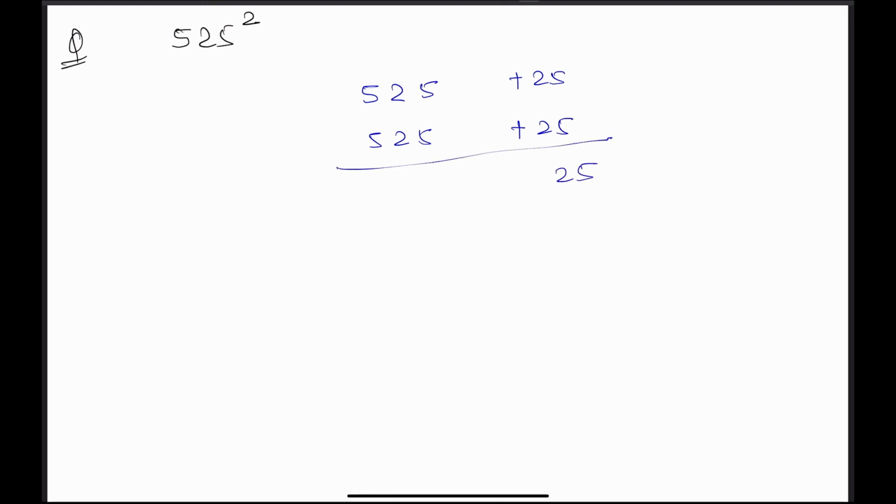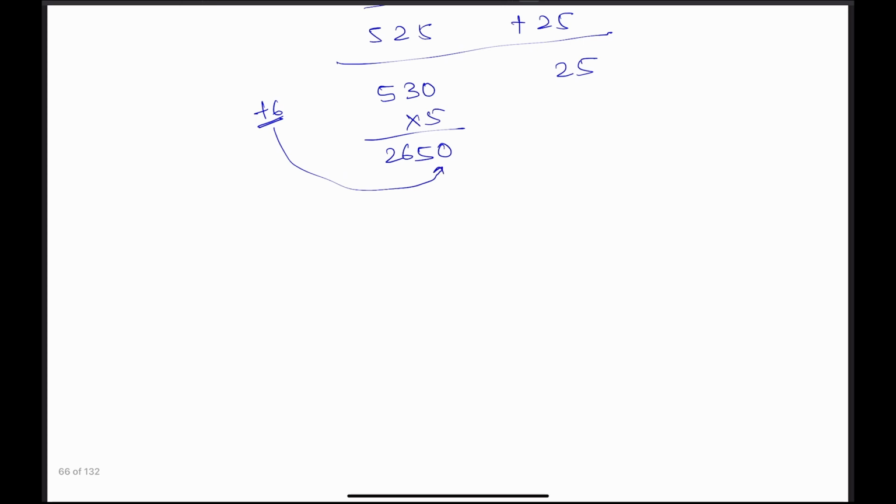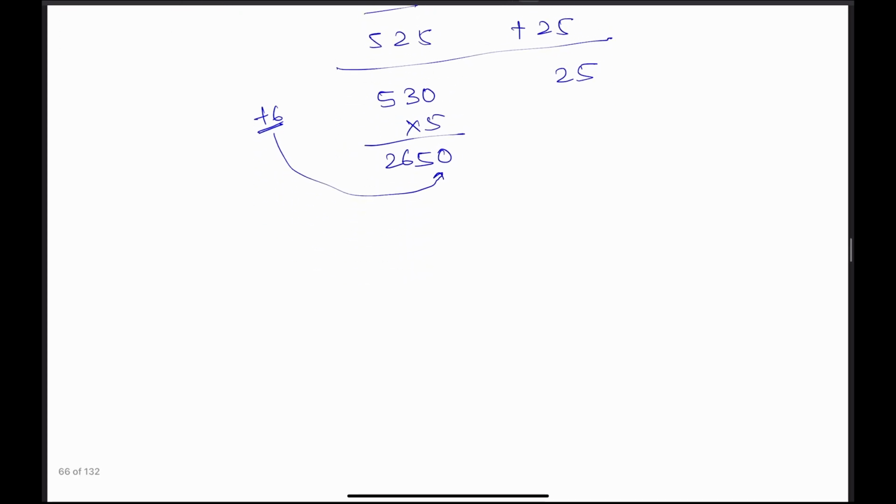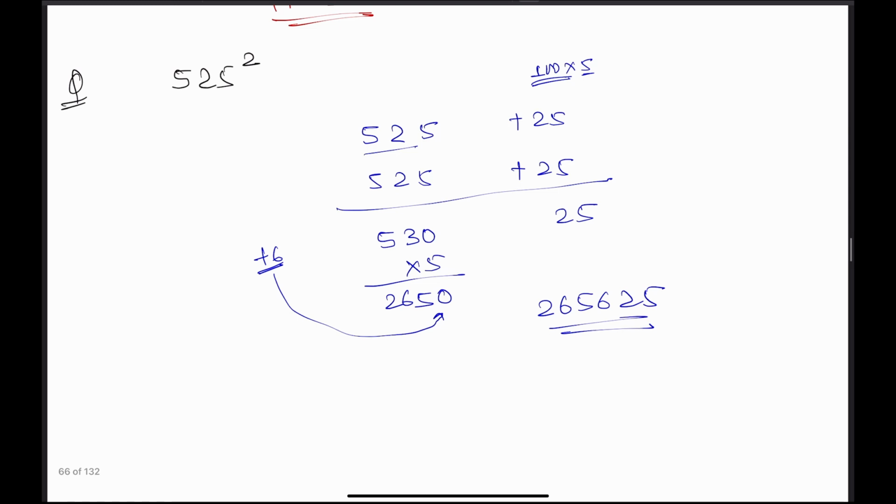We will add over here 25 and plus 6. 525 plus 25 is what? 530. But then our base is a multiple of how much? 5. So we'll just multiply here by 5. So 0, 15, and then we will add whatever carry we took. So it will be 265625. This will be our answer. Wait, I made a mistake somewhere.